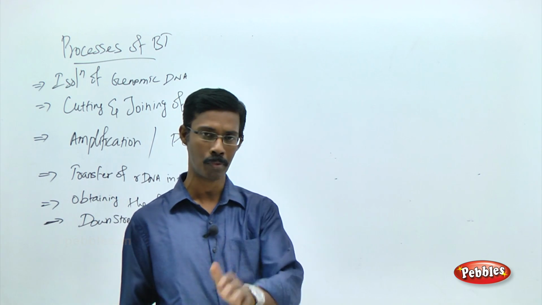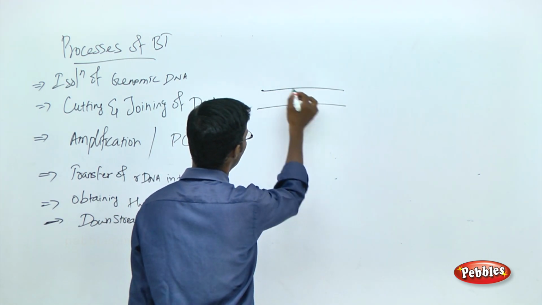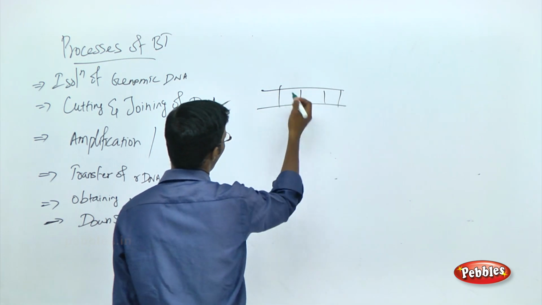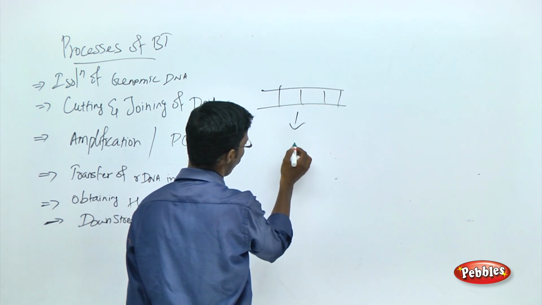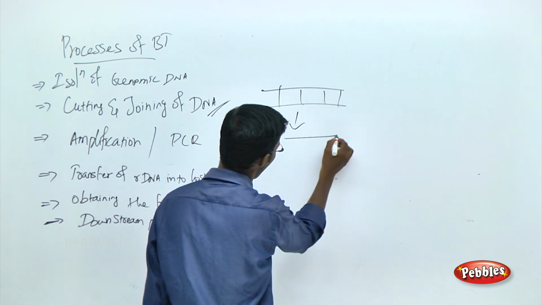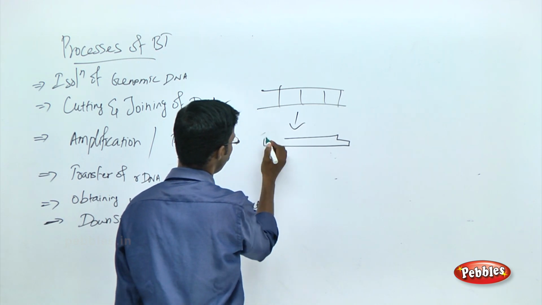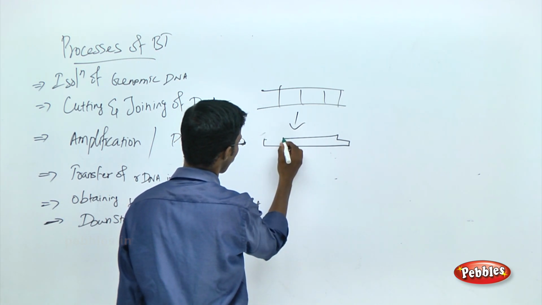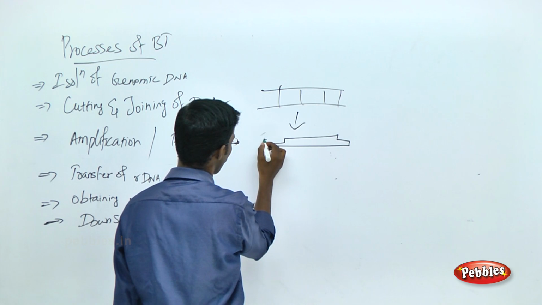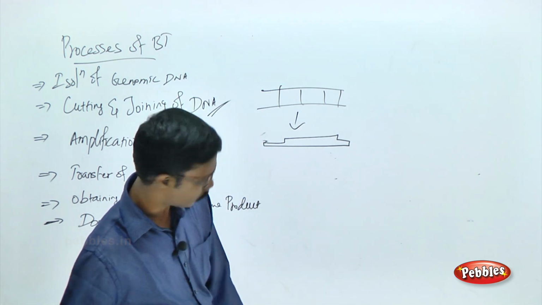That will create a recombinant DNA molecule. These are the steps involved in the cutting and joining. I will repeat it once again. This is the genomic DNA, just imagine, and from this genomic DNA you have isolated a fragment. Then you digest the particular fragment so that you get a fragment like this.